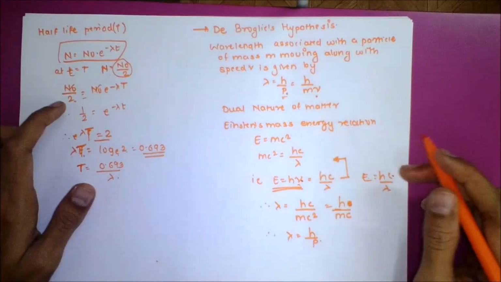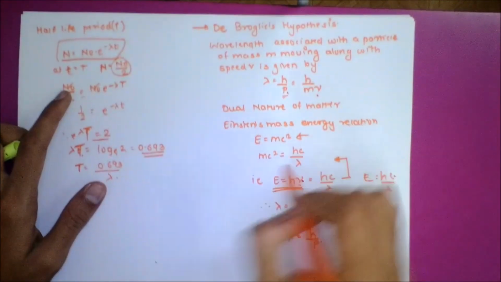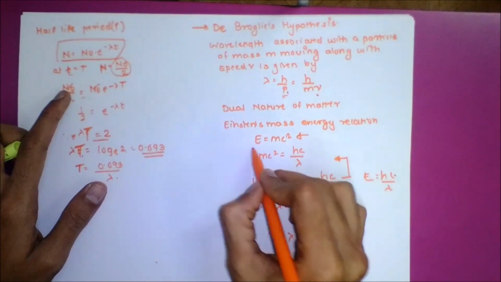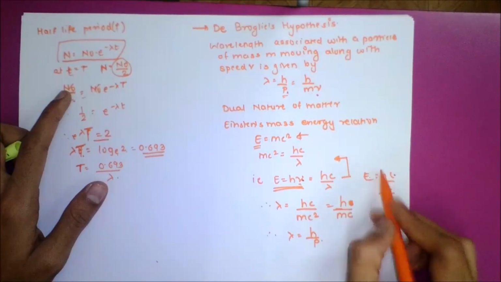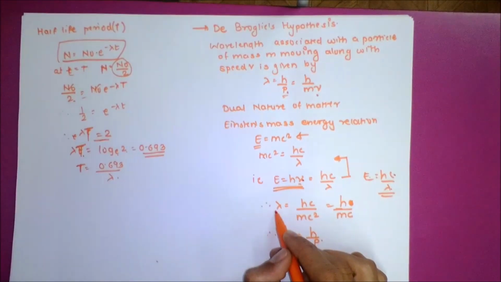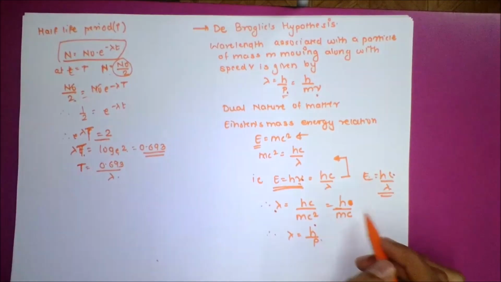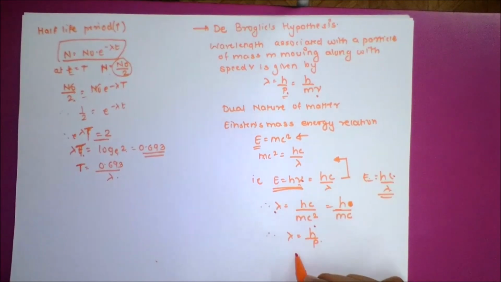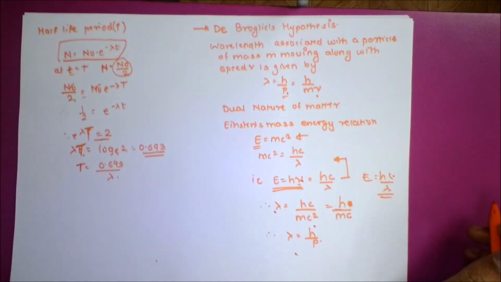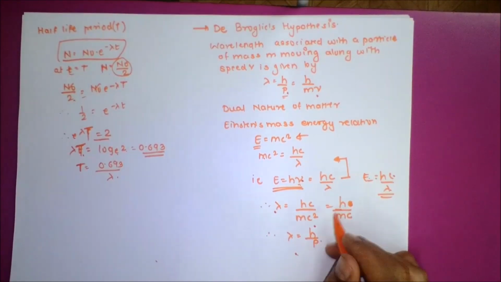According to Einstein's mass energy equation, we have E equals mc square, so mc square equals E. We can take E equals hc upon lambda, so taking lambda on the other side, we have lambda equals hc upon mc square, so we have h upon mc, so lambda equals h upon p, where mc is the momentum of the photons.